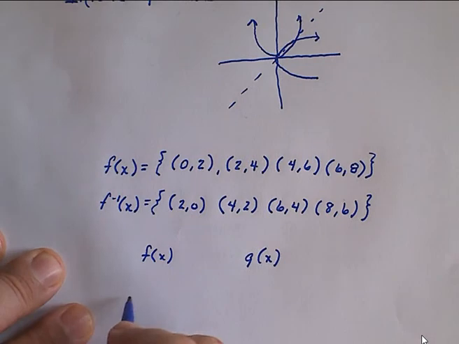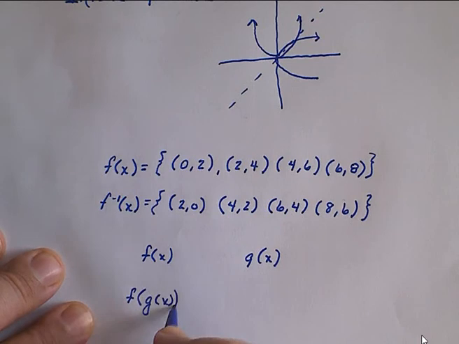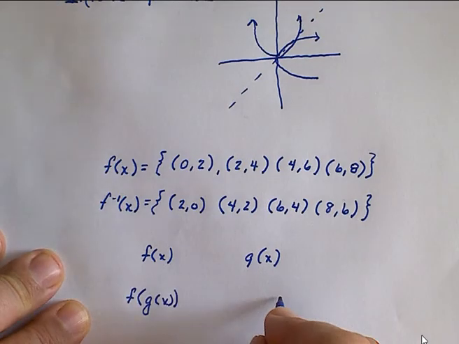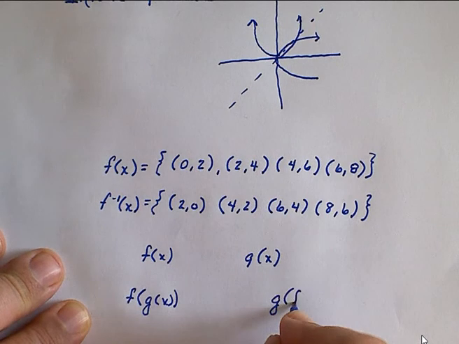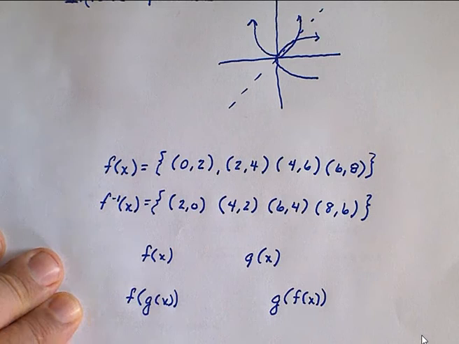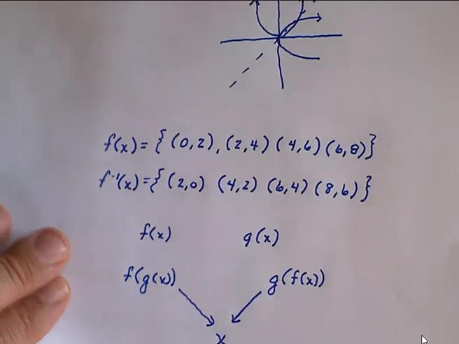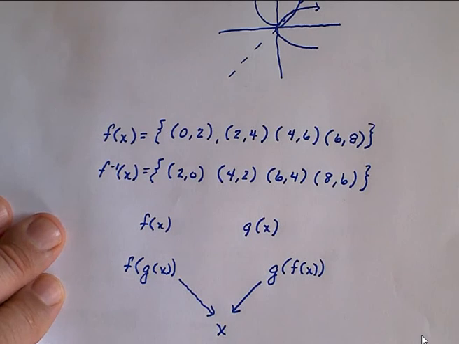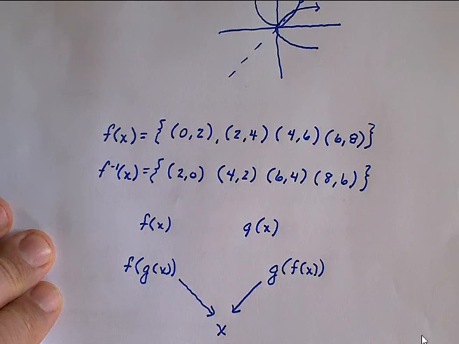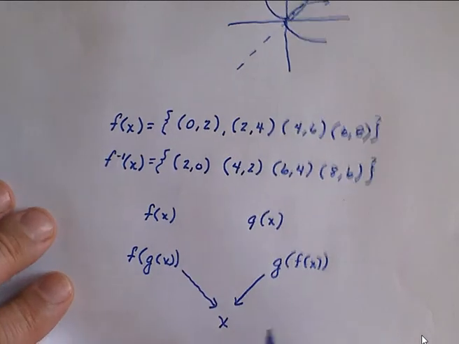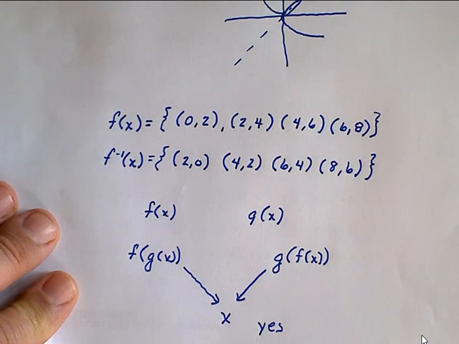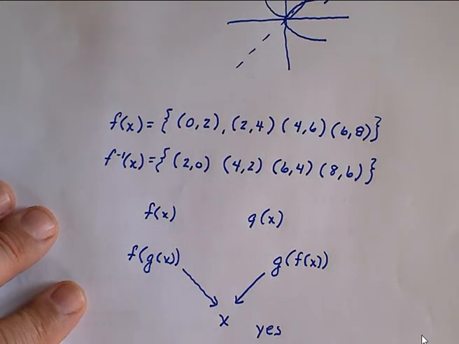If I plug g into f, and plug f into g, it requires 2 tests; both have to be performed. When you're done simplifying, both of them will reduce down to the variable x, and everything else will cancel out completely. If both compositions simplify to x, then you can say the two functions are inverses of each other.